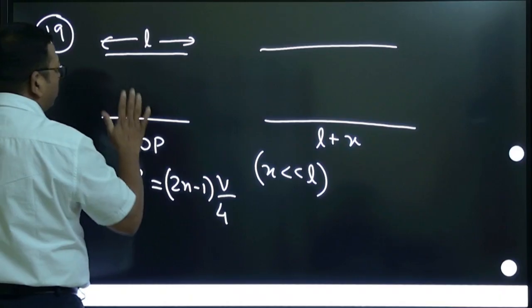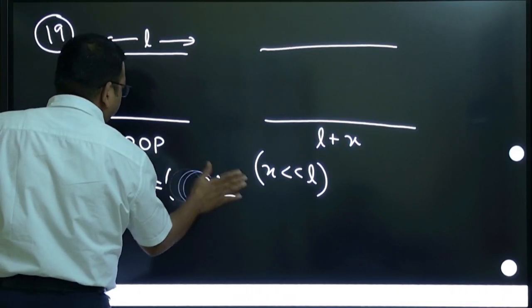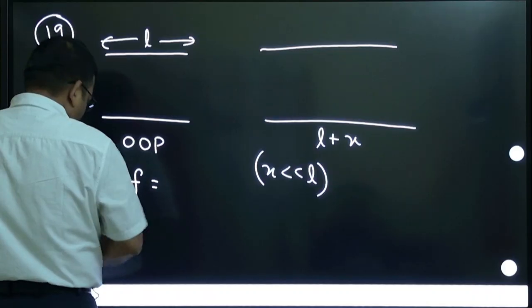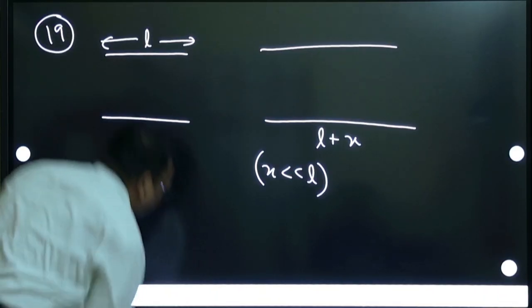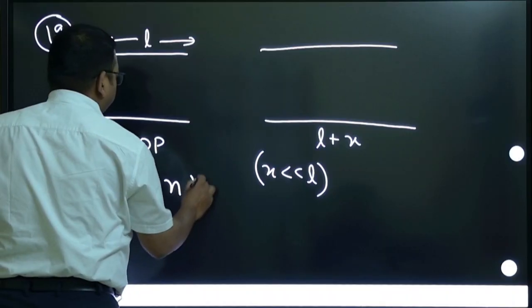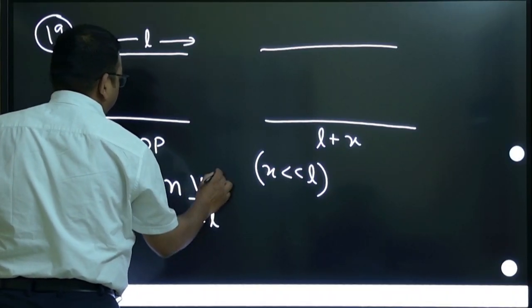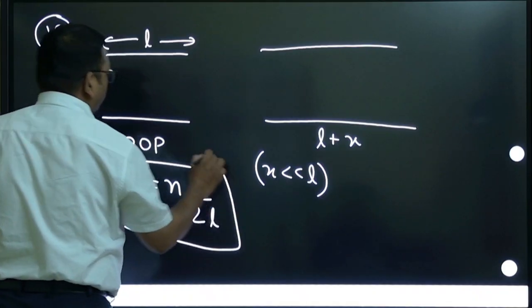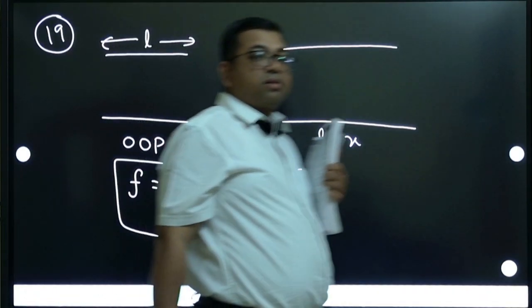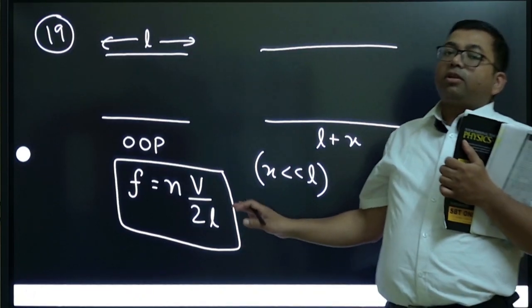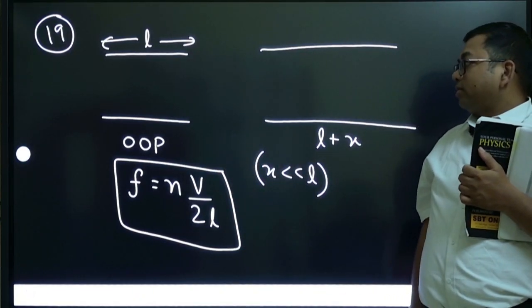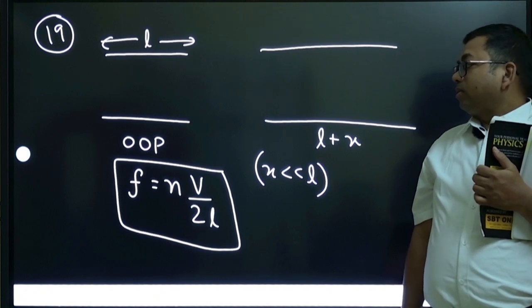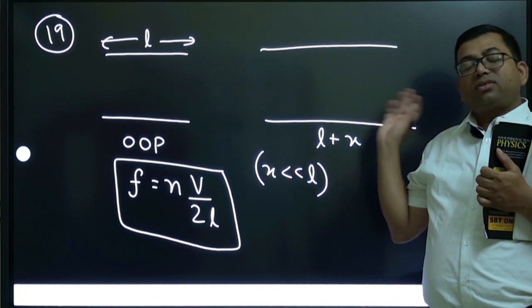No, this is open, which means n into V by 2L. N into V by 2L, right? This formula is for an open organ pipe, you know that, right? Assume that it is also open.